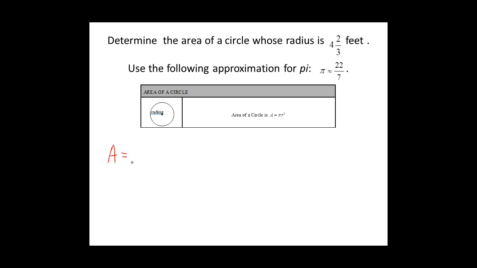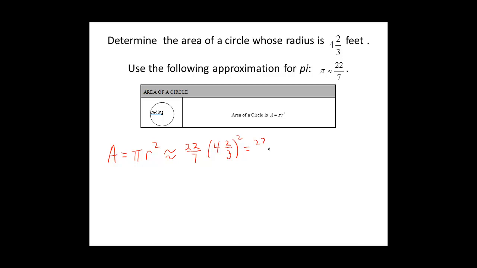So the area for this circle is equal to pi times r squared. So we're using an approximation for pi, so we'll use our approximation symbol, replacing pi with 22 over 7, and the radius is 4 2/3, and we will square that.